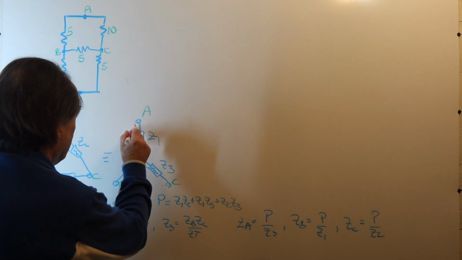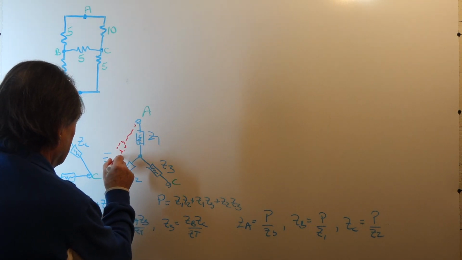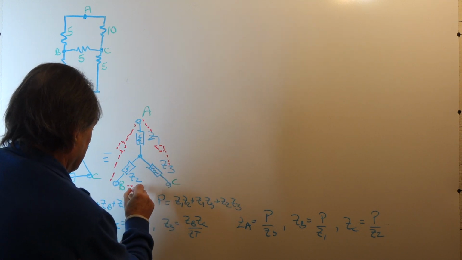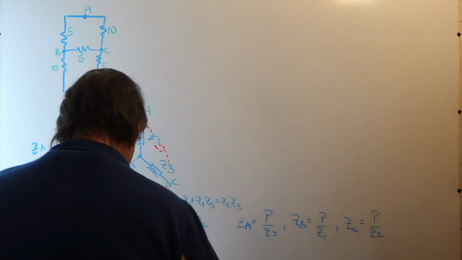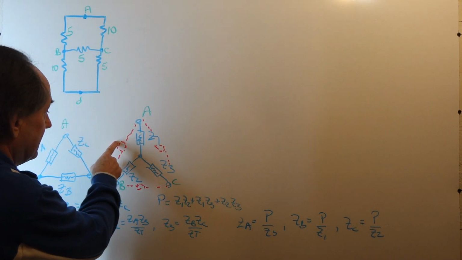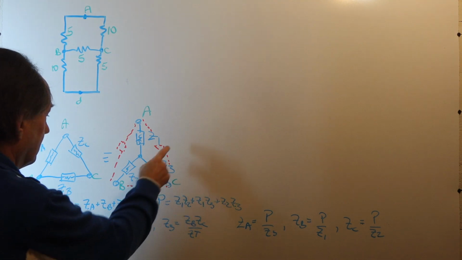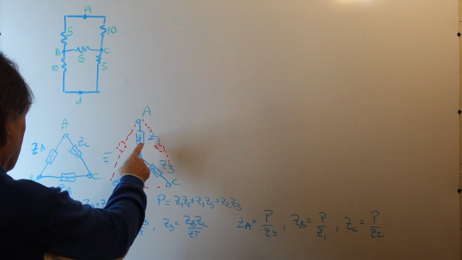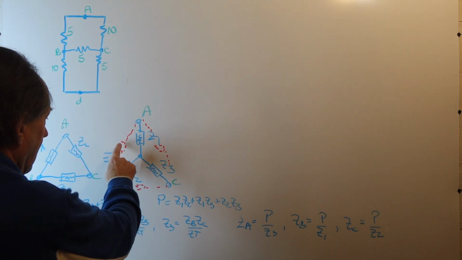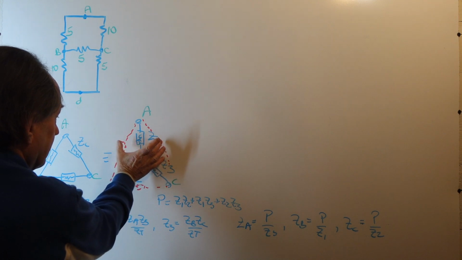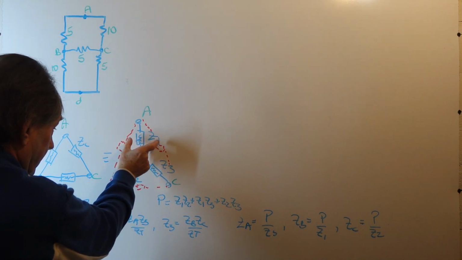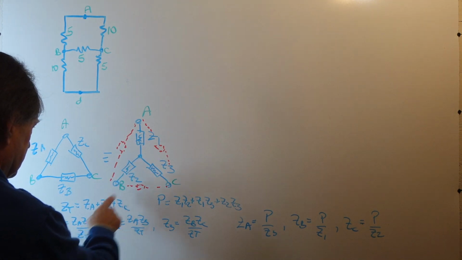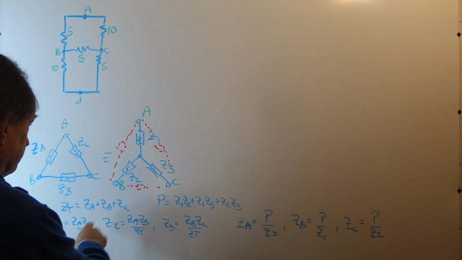Let's say here we have our delta element, and another delta element here, and the other delta element is here. This is ZA, this is ZB, this is ZC. Well, Z1 is the product of the delta elements that are on either side of Z1, so it's ZA times ZC over ZT.